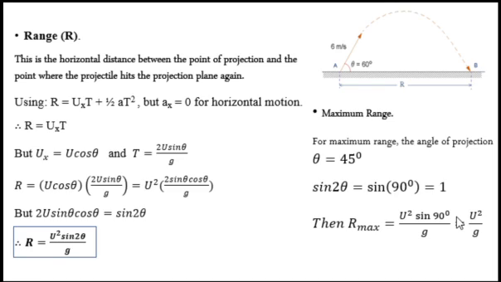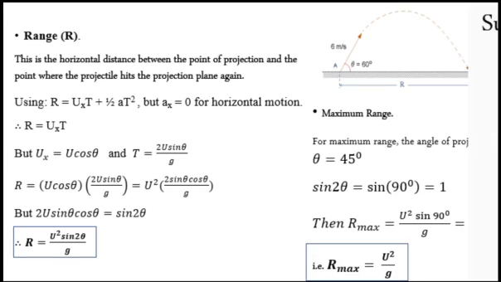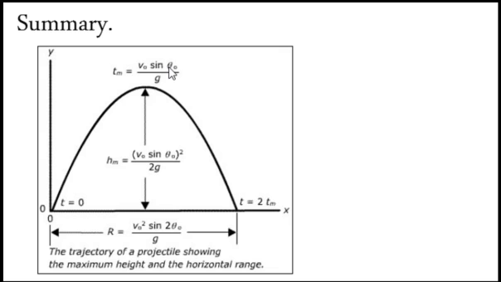And to recap all that we have discussed, we have derived the time to reach maximum height to be U sin theta over G. My V naught is U sin theta over G. Then maximum height is U square sin square theta over 2G.